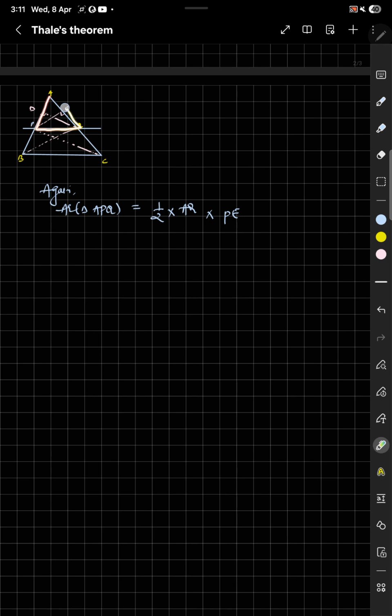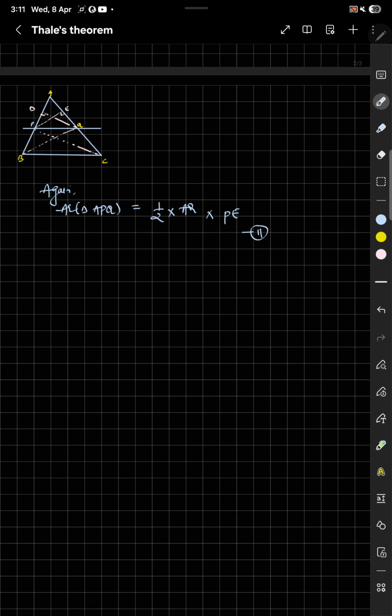In this triangle, this is the base and this is the height, and because we have drawn P parallel to AQ, we can find the area of this triangle in this way. So this is our 2.